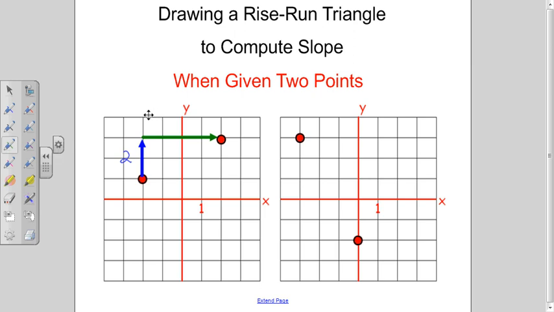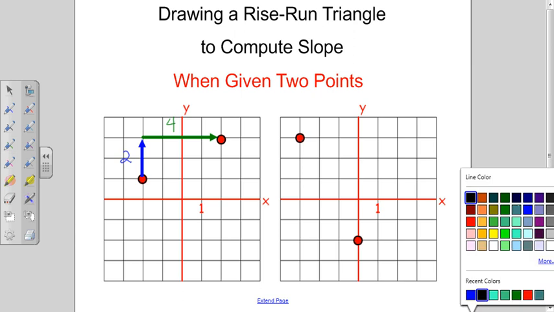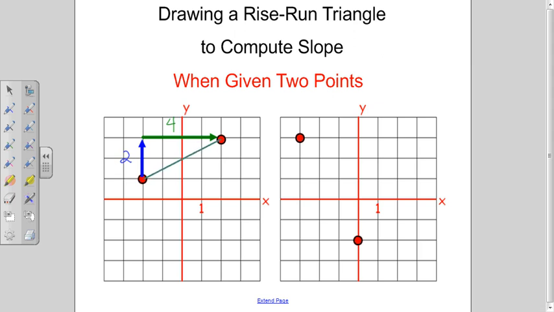When I label that, I can put in the last piece of the triangle, which represents the line segment that connects the 2 points, and that is what I am in fact computing the slope of. So that rise-run triangle allows me to say I have a rise of 2 and a run of 4. Therefore, I have a slope of 1/2 or 0.5.